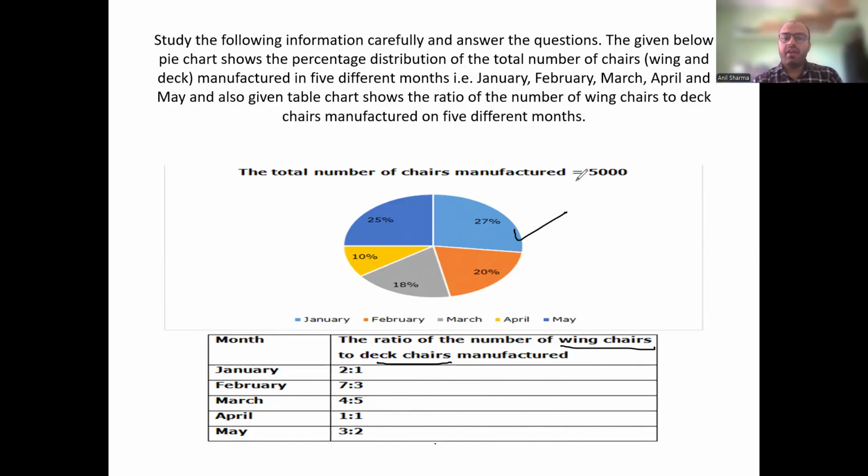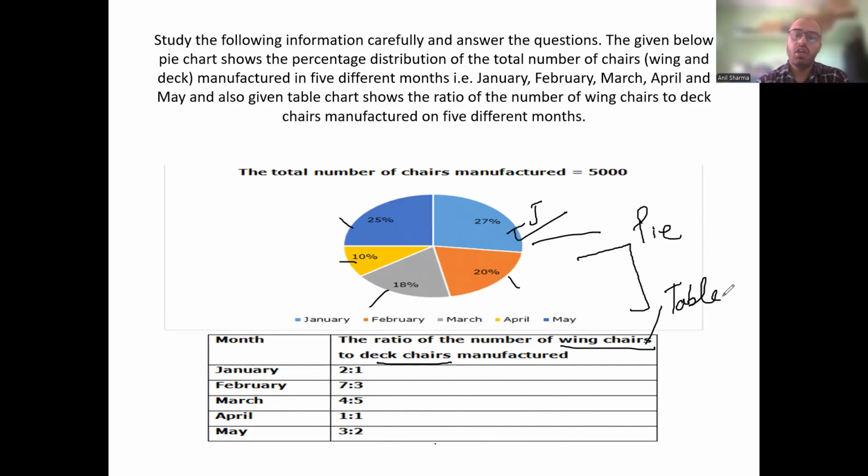And for different months, starting from January, February, March, April, and May, that is what they have given in the next table. That is why I said it is a combination, the mixed DI. So this is a mixture of what? Pie chart as well as table. So this particular DI is a mixture of two types, that is pie chart and table chart. This is what we need to understand.